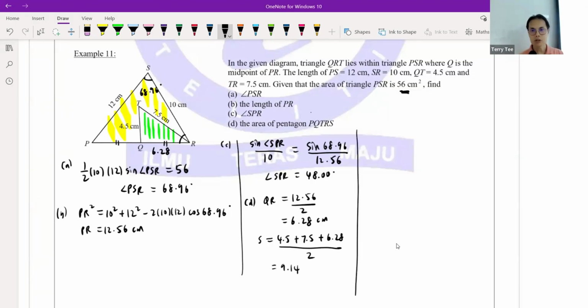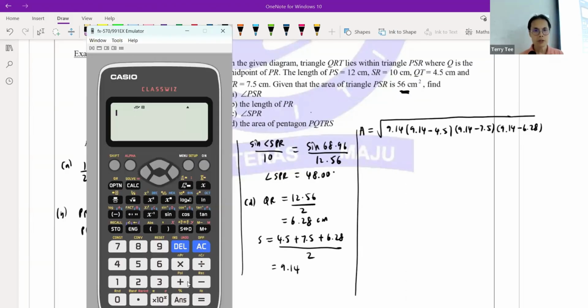Area is square root of 9.14 times the difference between 9.14 and 4.5, 9.14 and 7.5, and lastly 9.14 and 6.28.